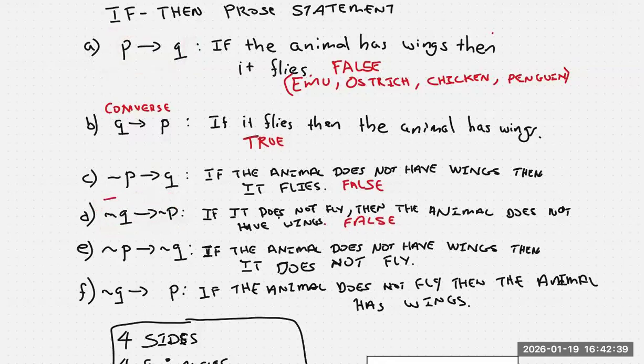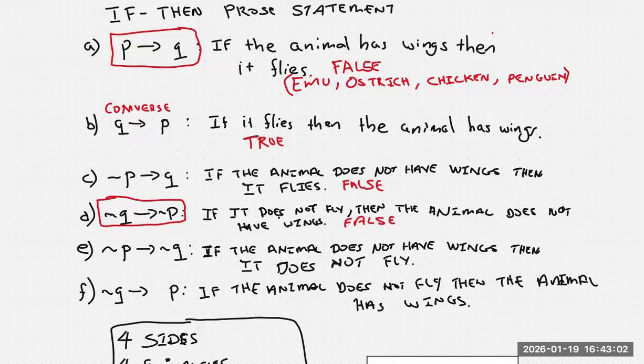Not Q imply not P is the contrapositive of P imply Q. Meaning we negated them and turned them around. So we found the inverse and the converse at the same time. We flipped it and found the negation of both statements. Once you do that, you're finding the contrapositive.